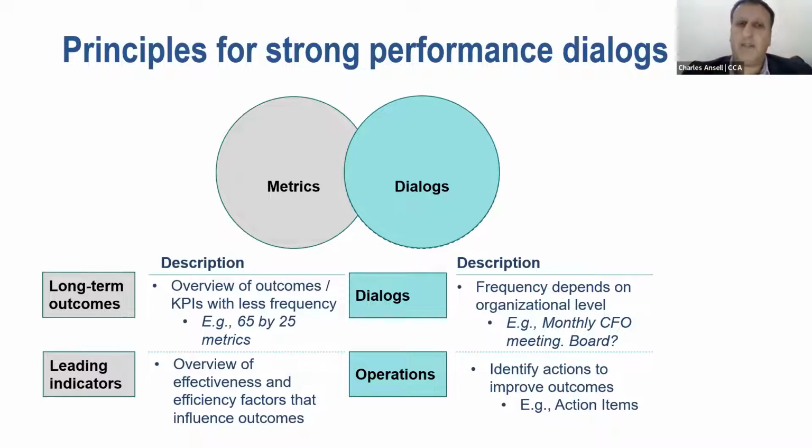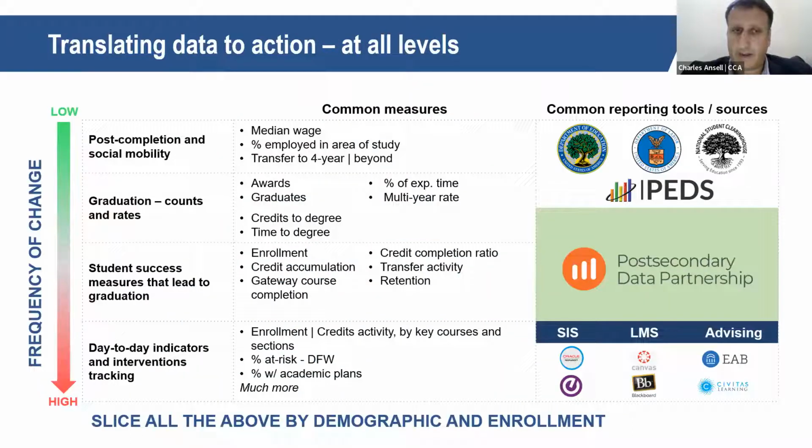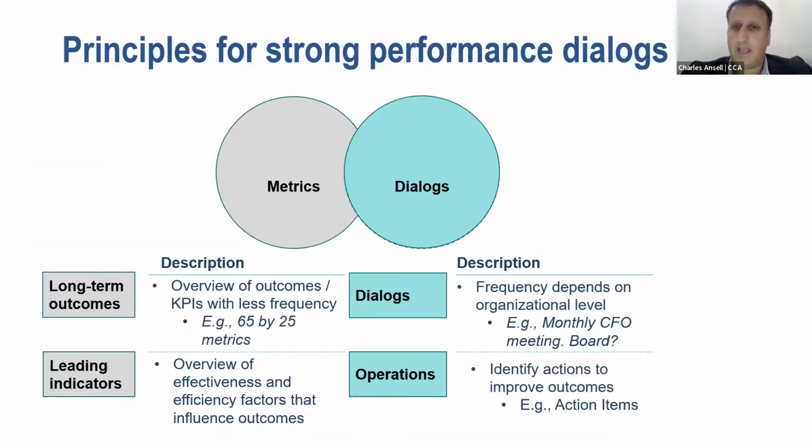Whereas the next level is your leading indicators that are the overview of the metrics that were captured on this slide on the bottom two sections, and saying, okay, well, who's meeting at what cadences to come up with the action items that can improve the outcomes.